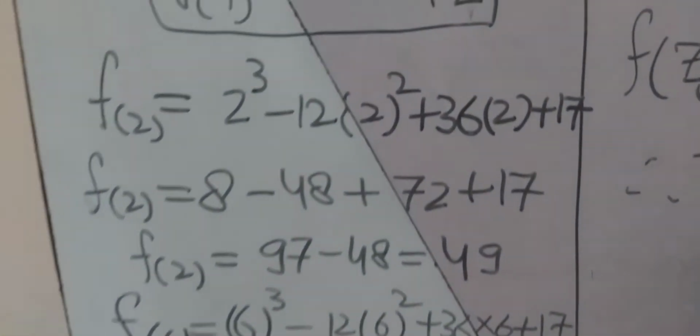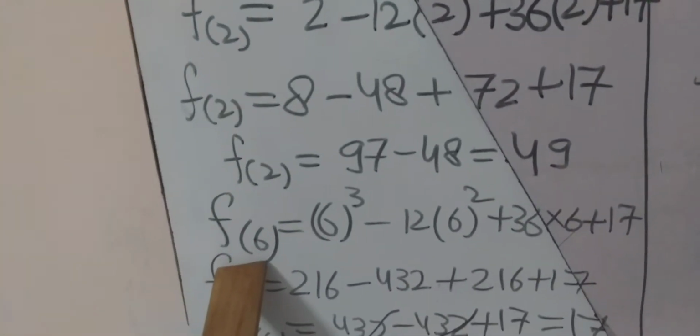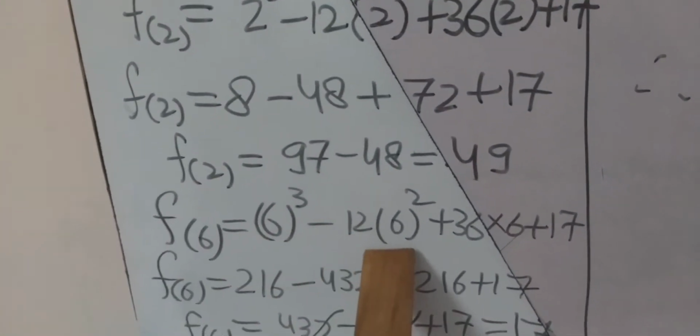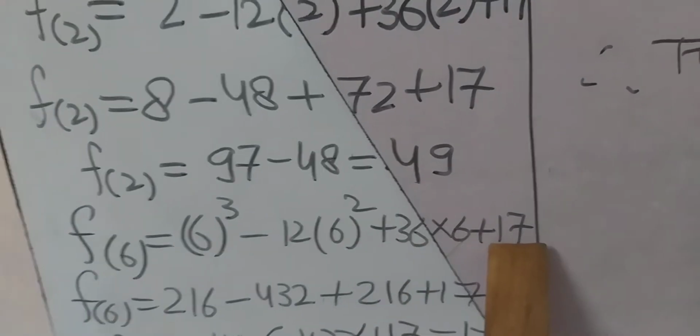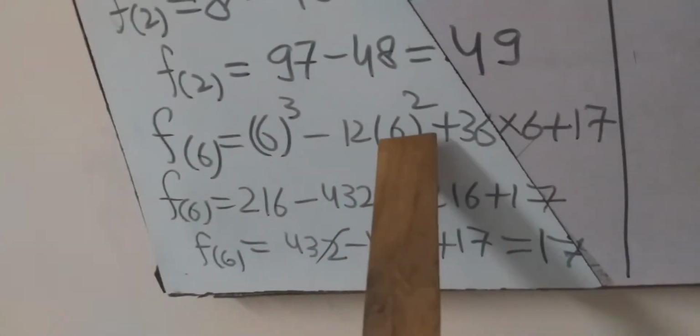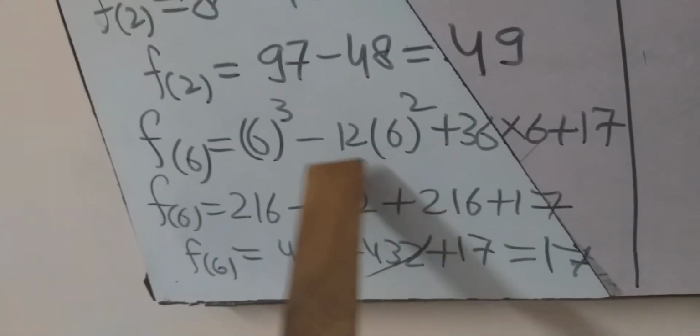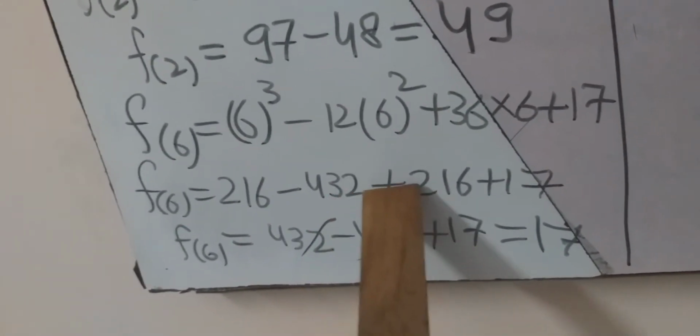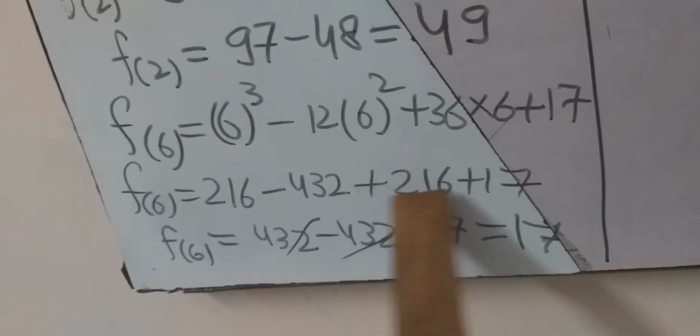Now students, third value, x equal to 6. Let us put x equal to 6 in the function. So in place of x, we will write 6. f(6) equals 6 cube minus 12 into 6 square plus 36 into 6 plus 17. So 6 cube equals 216. 6 square is 36, into 12 is 432, plus 216 plus 17.